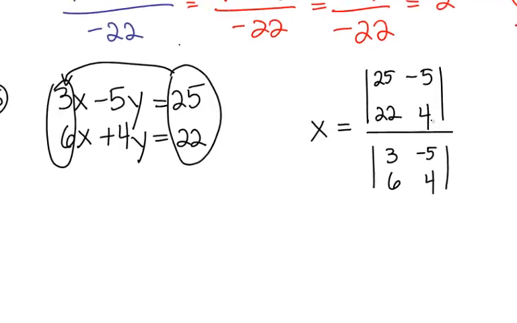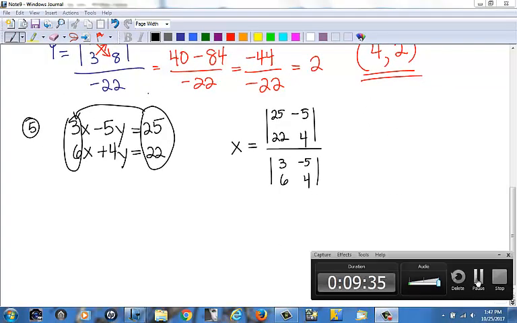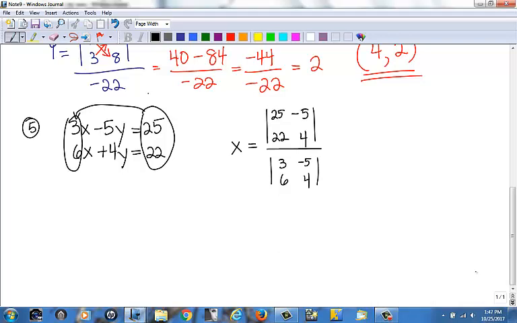Let me stop there. Now figure the 2 by 2's. Multiply down the diagonal to the right would be 100. Subtract the product coming back up: multiply 22 times 5.